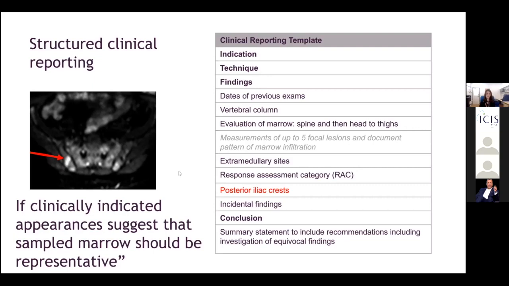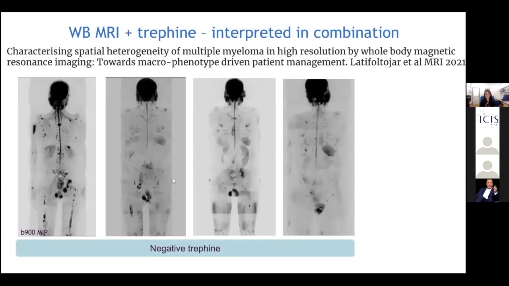Now, the reason we have to make a comment about the marrow in the posterior iliac crest is that this is where the trephine is taken from, and it's the only place the trephine is taken from, there is potential for sampling error. So these are 4 patients with multifocal myeloma and completely negative trephines. So this isn't just an opportunity to underestimate disease burden. We can completely miss the histopathological diagnosis if we just use the trephine on its own.